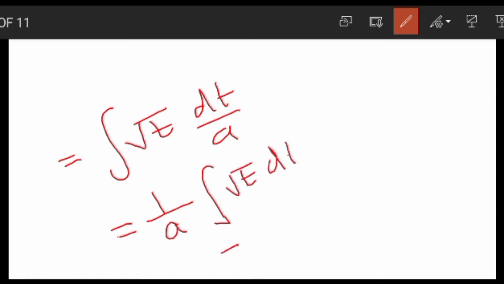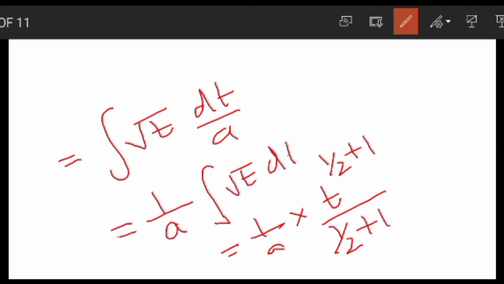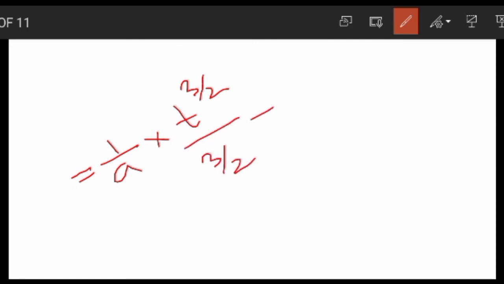Now integrating root over t, we have 1 by a into t to the power half plus 1 divided by half plus 1 plus c. Now on simplifying, we have 1 by a t to the power 3 by 2 divided by 3 by 2 plus c.